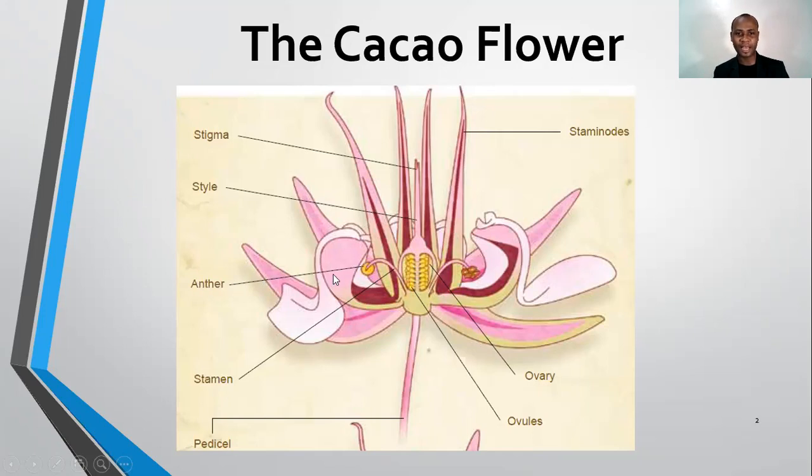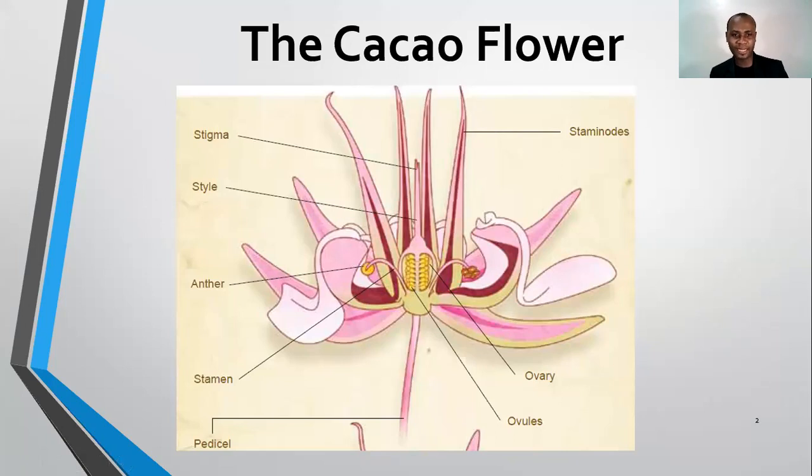The anther has the pollen grain. For fertilization to take place, pollen from here needs to move all the way up, but it's usually not practical. If the pollen were up here and the stigma was down, pollen could easily fall on the stigma, but it's the other way around, so it makes it difficult.